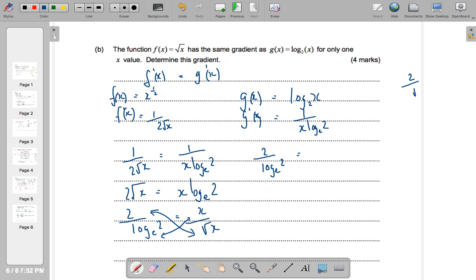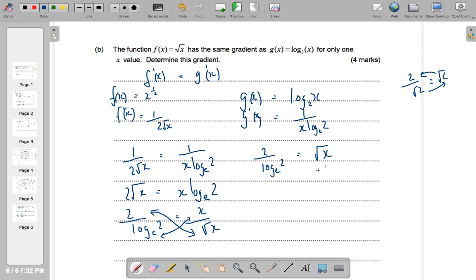It's like 2 over square root 2. 2 over square root 2 is square root 2 because root 2 times root 2 is 2. So if you get x over square root x, that's actually going to be square root of x. All right, we're getting there.